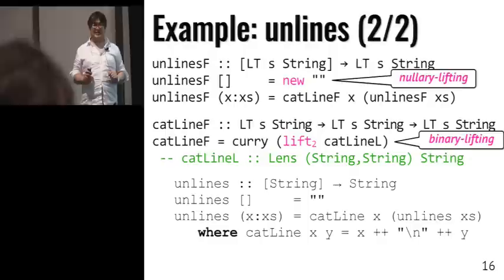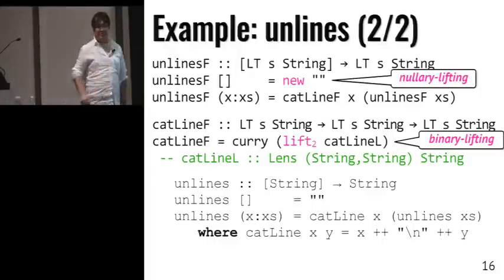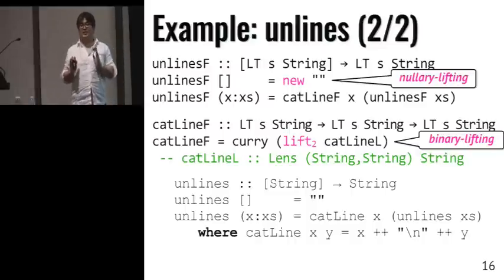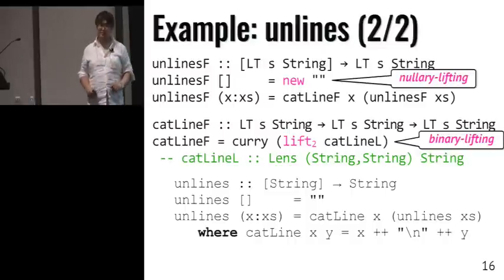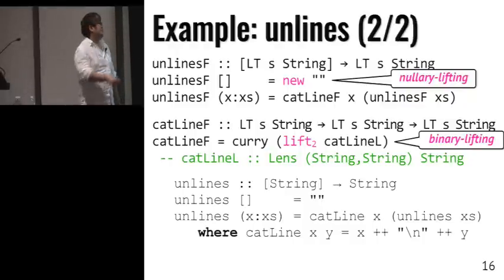One is that, as I explained before, the unlines F function is a transformation of LT typed values. Another important difference is that to produce or transform LT typed values, we use lifted lenses. Here we use the nil function to lift constant lenses, and here we use the lift2 function to lift the binary lens.